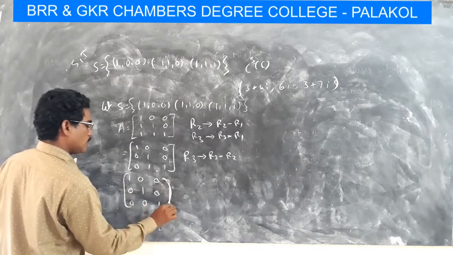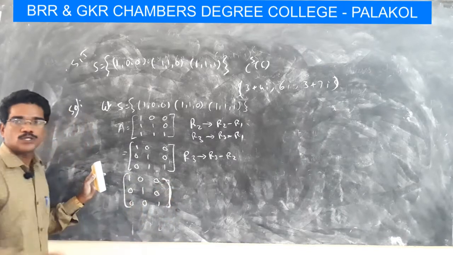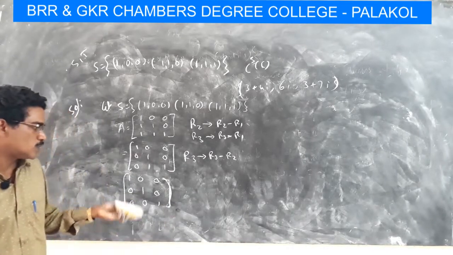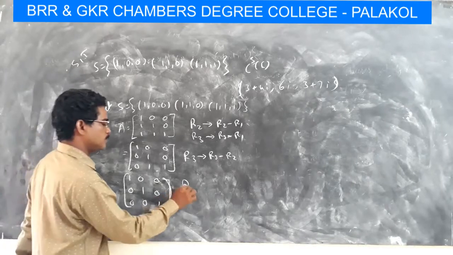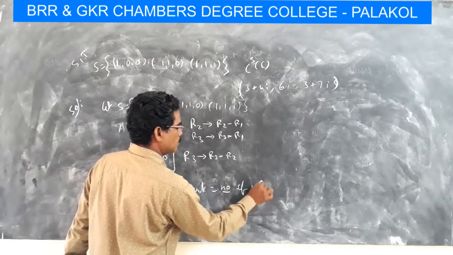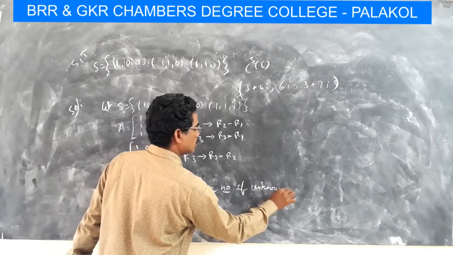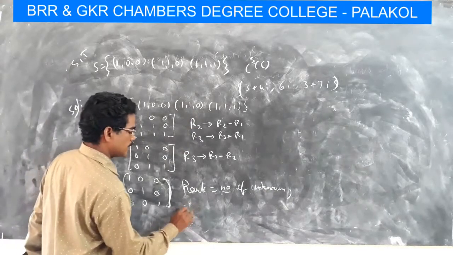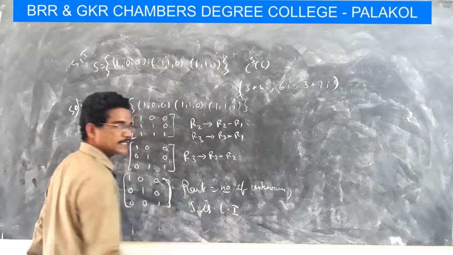Here the number of non-zero rows is 3. Rank means the number of non-zero rows. So rank is equal to the number of unknowns, that is, the given set S is LI.